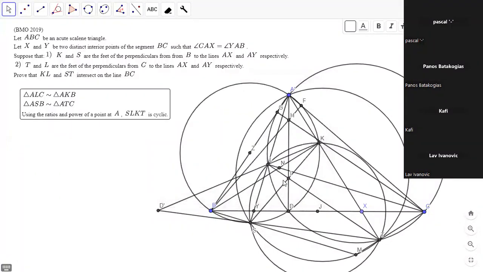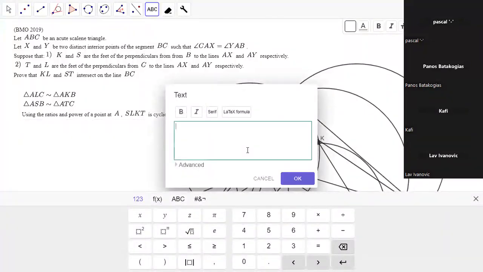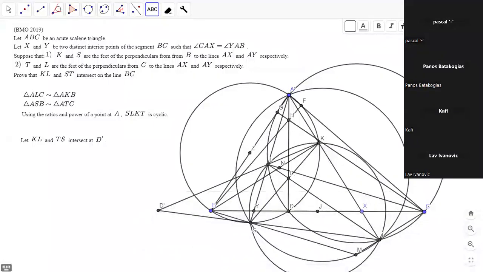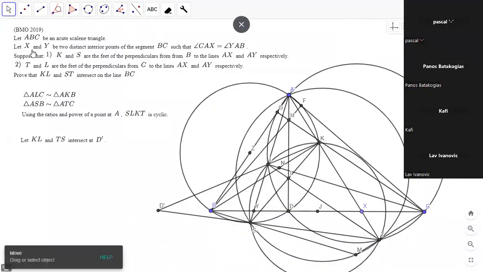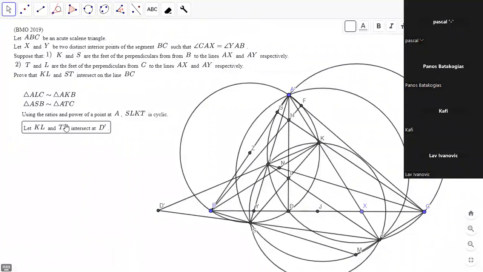So let KL and TS intersect at D prime. And then by Brocard's, first of all, we need to show LT and KS intersect on the altitude.